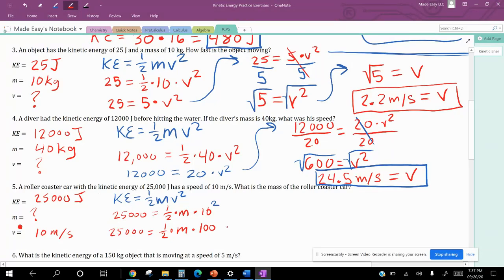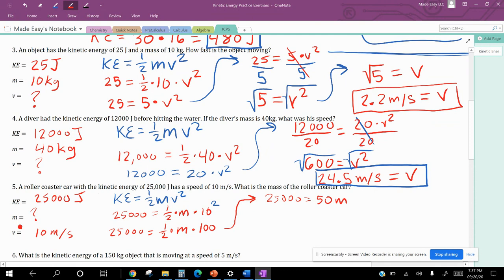See, we all make mistakes. It's important to identify your mistakes. Now that I have correctly included my 10 squared, we multiply the right side: 1/2 times 100 is 50. So we'll have 50 times m.